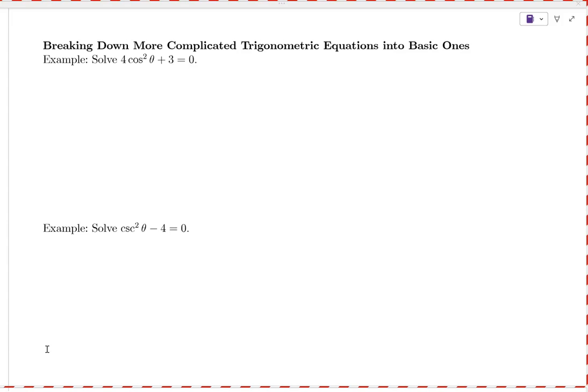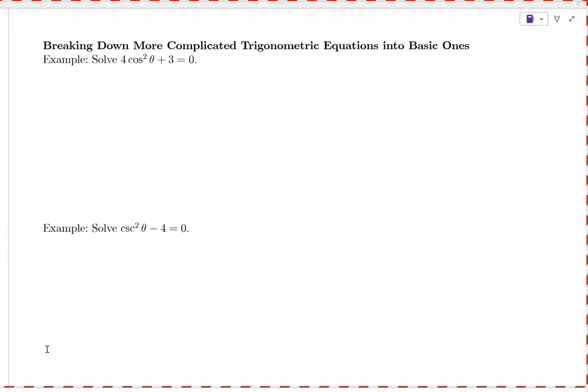Discussing solving trigonometric equations today. In particular, we'll extend what we were talking about last time with solving those basic trigonometric equations. So remember, the basic ones are just trig function equals number. That's what we mean by a basic trig equation. Our technique was to find those fundamental solutions.